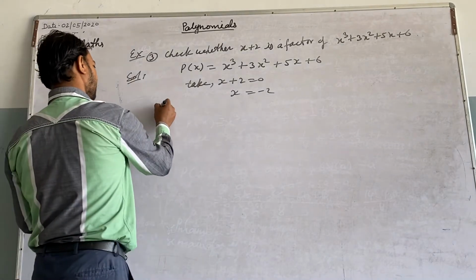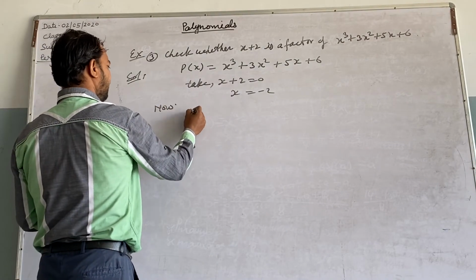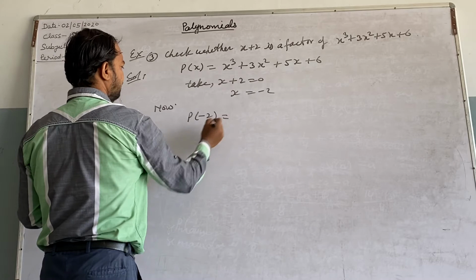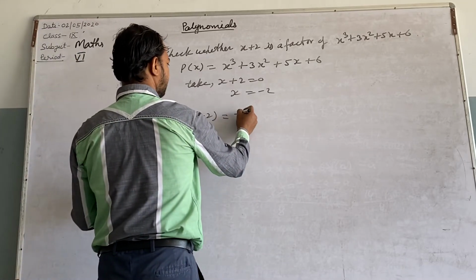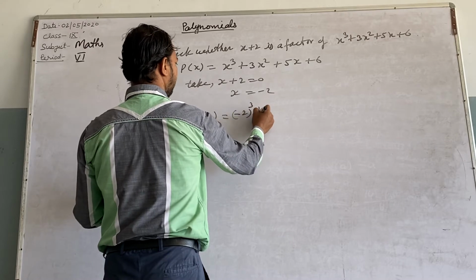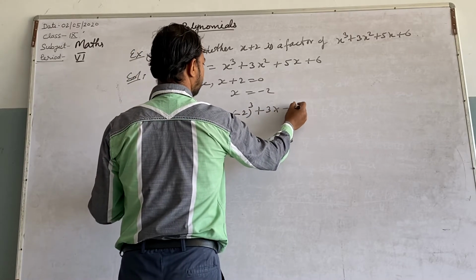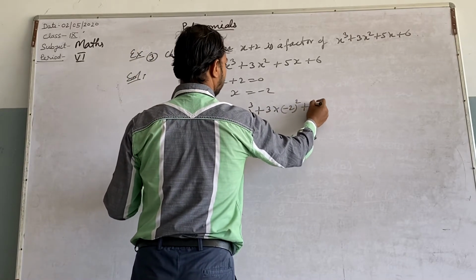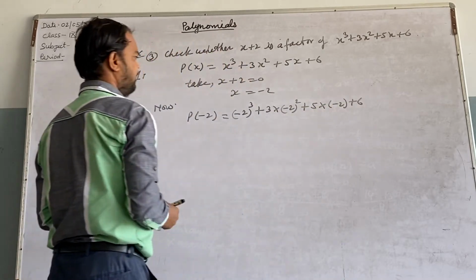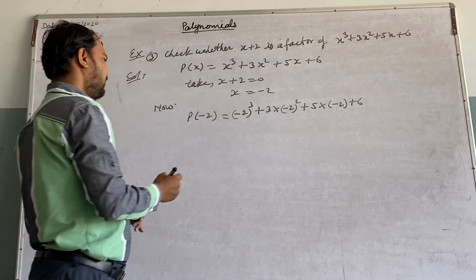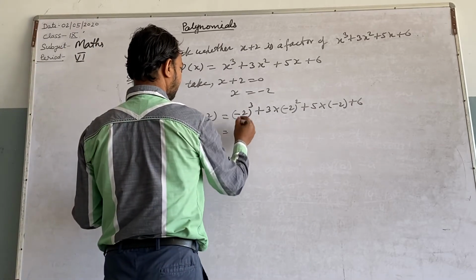Now find p of minus 2. Put minus 2 in the place of x, you will get minus 2 cube plus 3 into minus 2 square plus 5 into minus 2 plus 6. Right? Now first of all we will try to simplify the power.